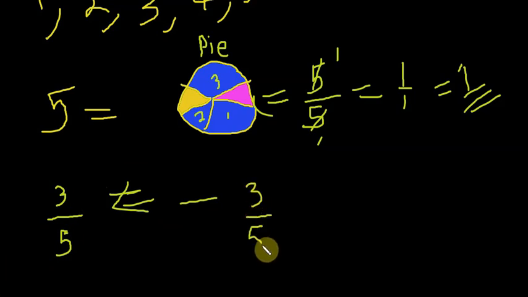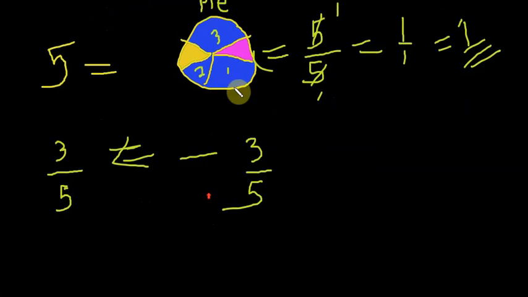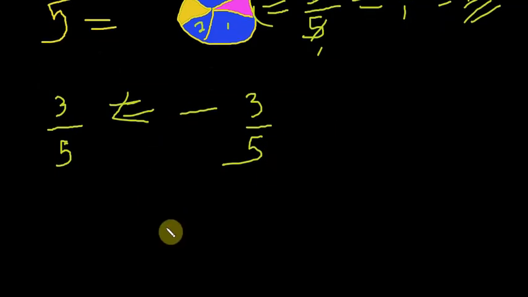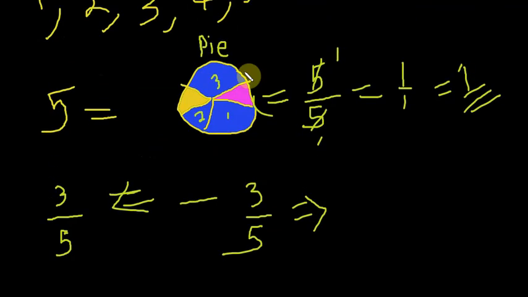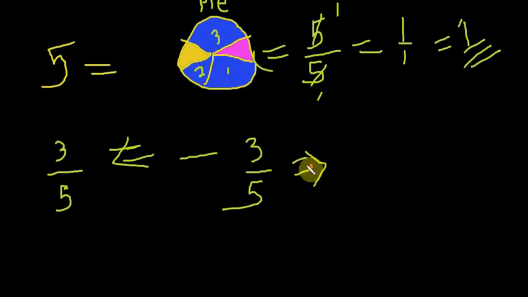So 3 over 5 is a fraction. What is left of the pie if someone takes 3 and you had 5 pieces? It's 2. Now someone asks what pieces of the pie are yellow.